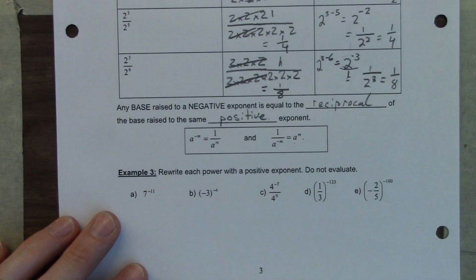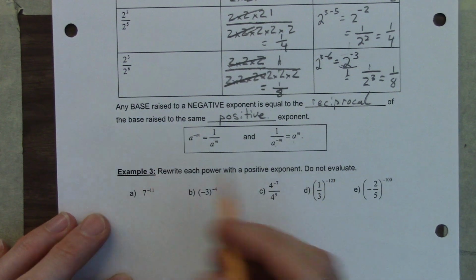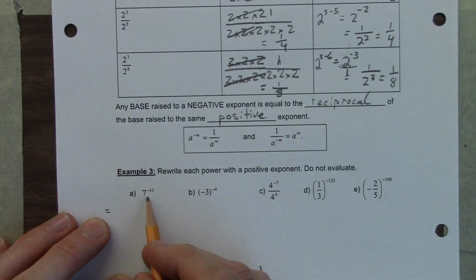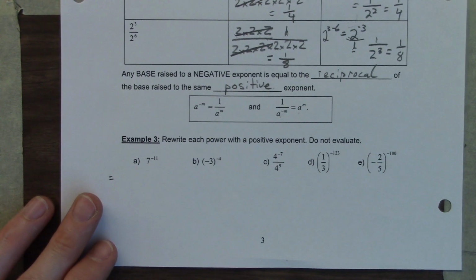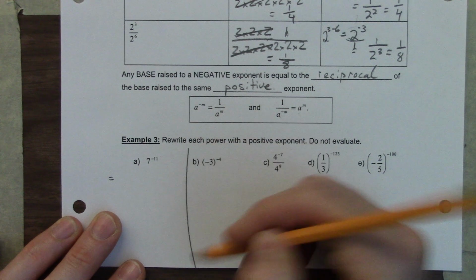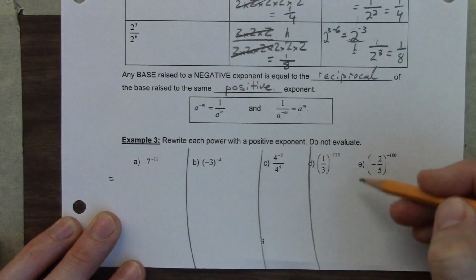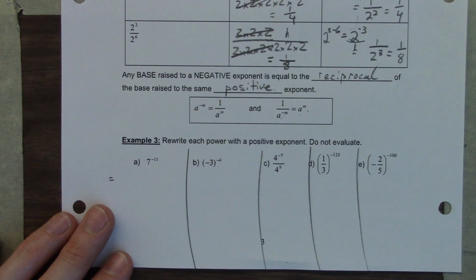All right, example here. Maxis, rewrite each power with a positive exponent. Do not evaluate. How would I rewrite this? Sorry? So would it then be like negative 7? Nope. 11, positive 11 to the exponent?